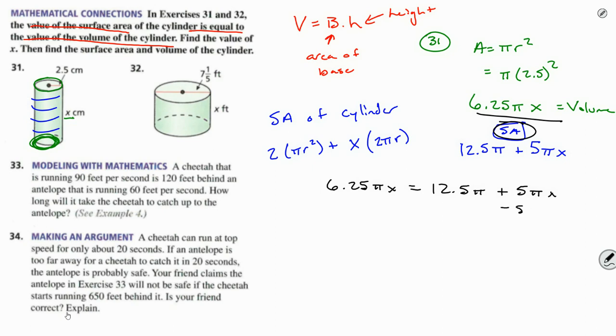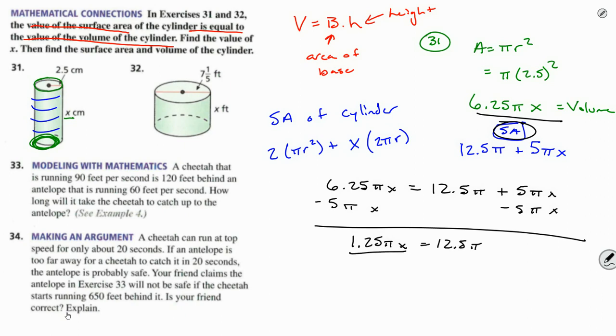So 6.25 pi x minus 5 pi x should be 1.25 pi x equals 12.5 pi. Divide both sides by 1.25 pi. We get 12.5 divided by 1.25, and it should get x equal to 10. So the height of this thing should be x equals 10.